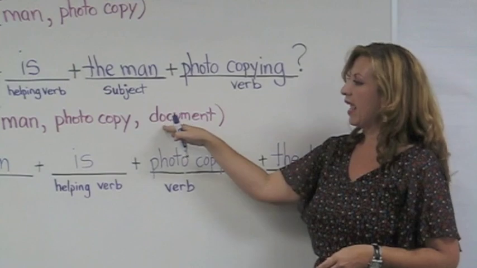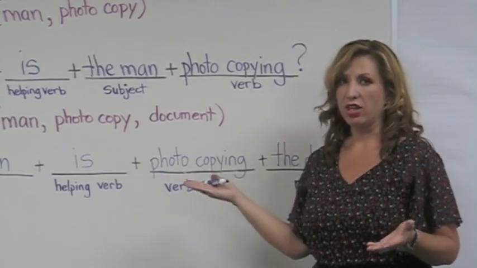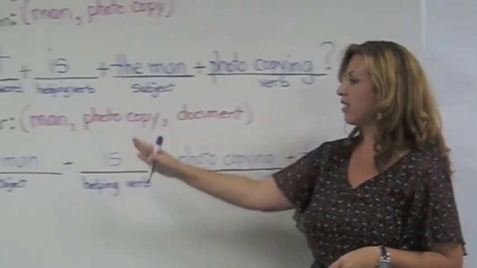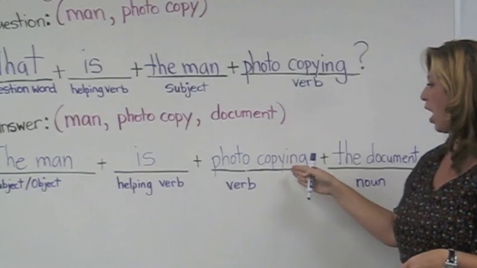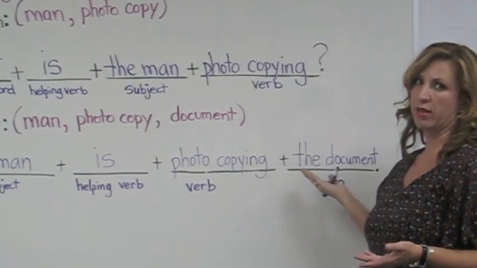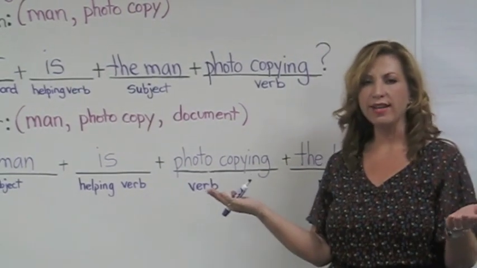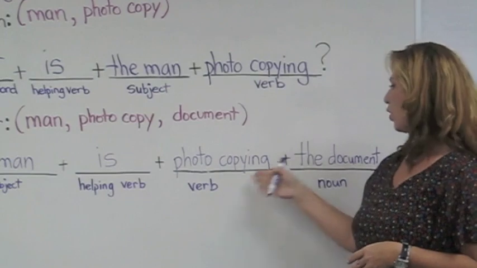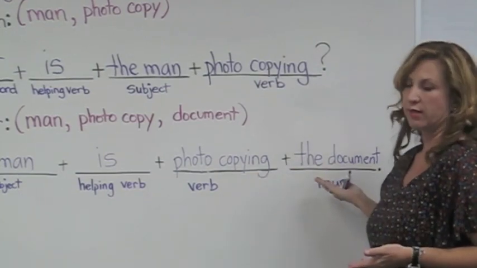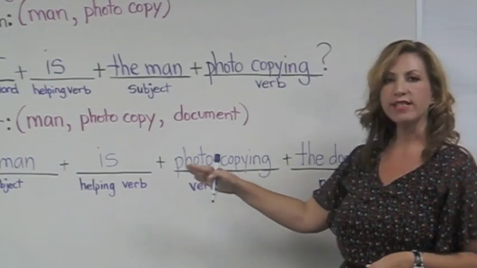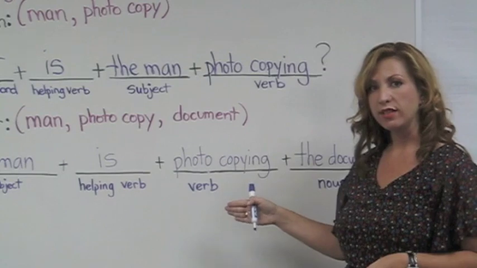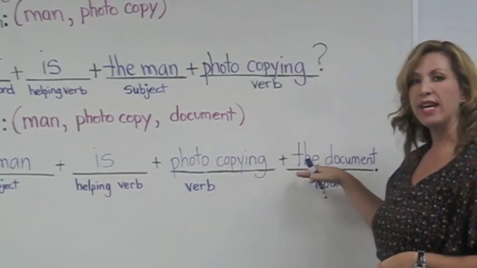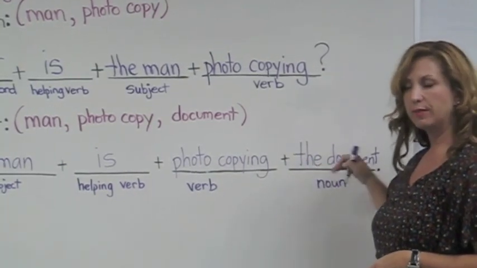But if it was any document, we could say the man is photocopying a document. We don't know which one, but he could be photocopying a document. But we're going to stay with the pattern that we've used till now. So it is the document.